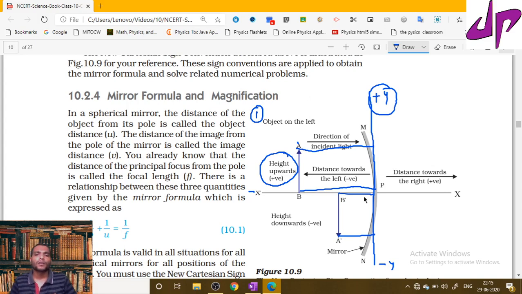So with the help of the Cartesian sign convention, we can measure object distance u, image distance v, height of the object h and height of the image h dash.